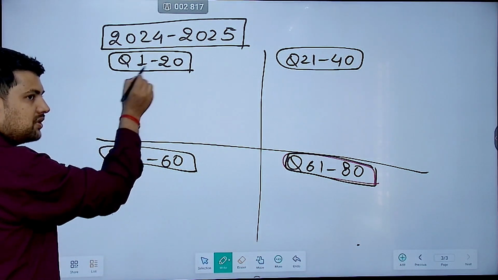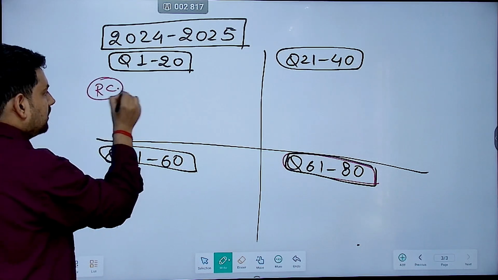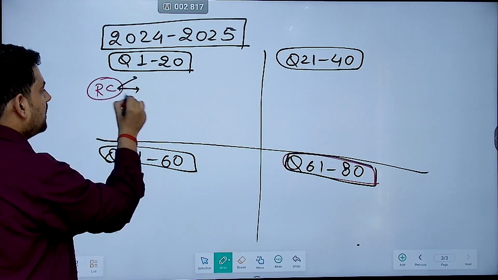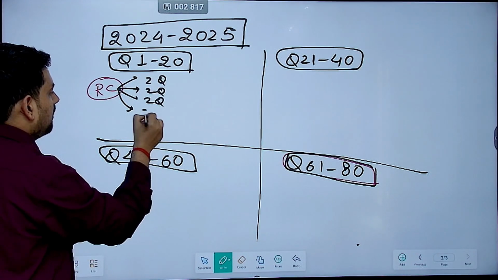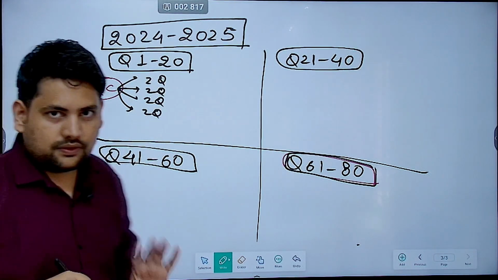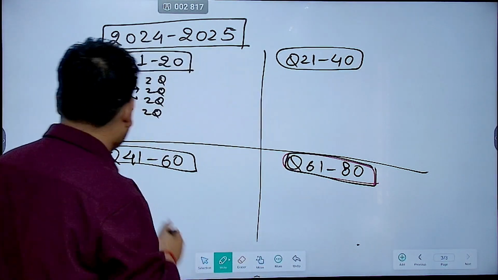So from question number 1 to 20, there were 4 reading comprehensions of 2 questions each. This is 8 questions.